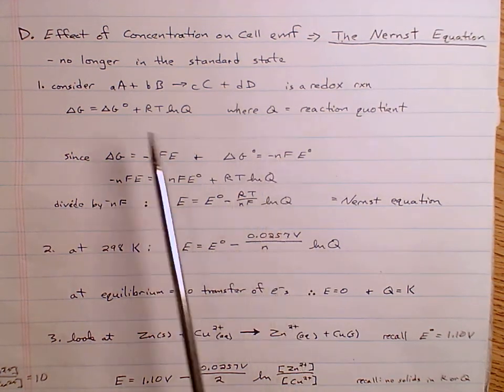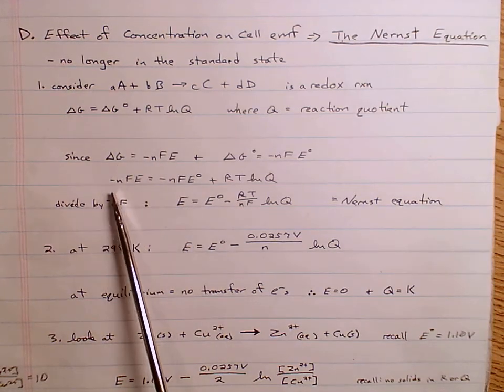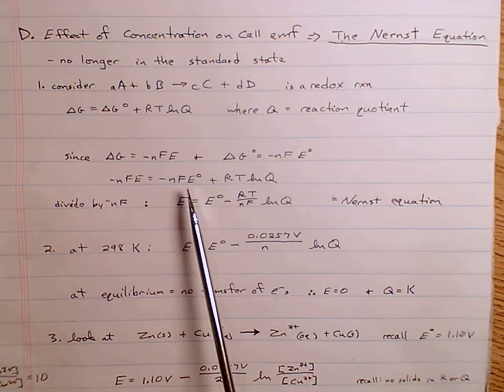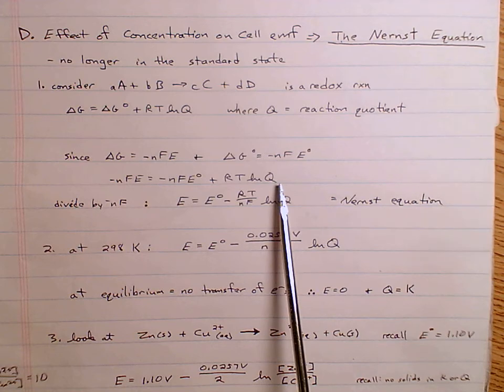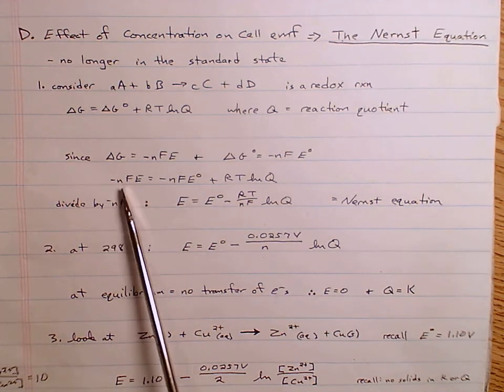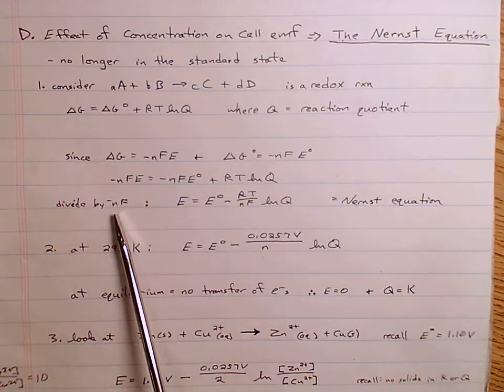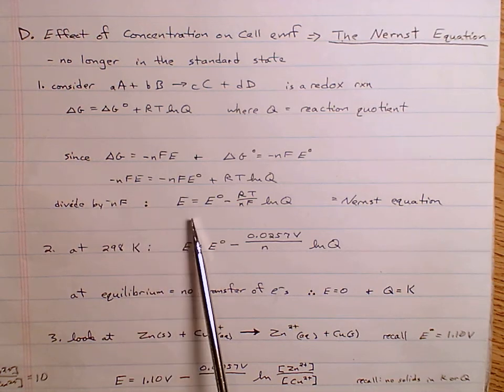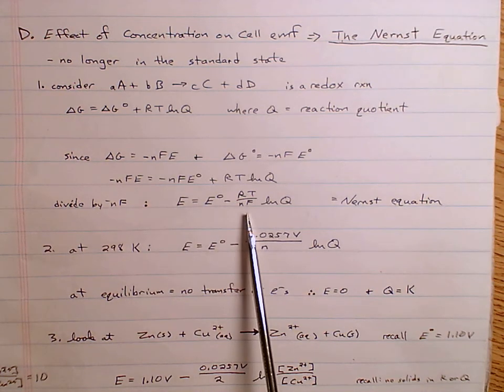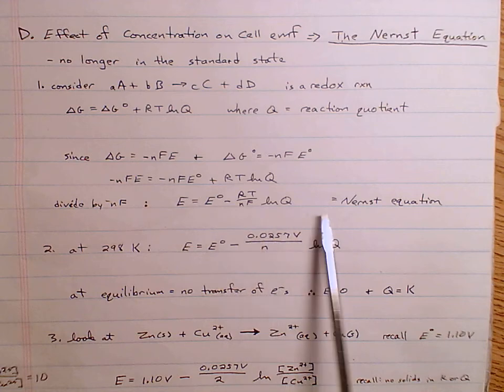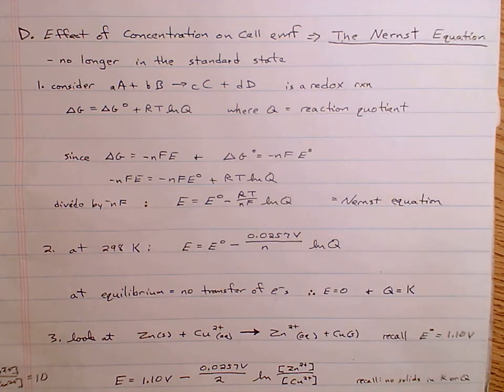So plugging these into this equation, we get negative nFE equals negative nFE naught plus RT natural log of Q. If we divide everything by negative nF, we get E equals E naught minus RT over nF natural log of Q, and this is our Nernst equation.